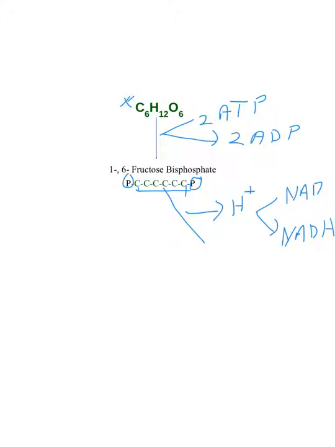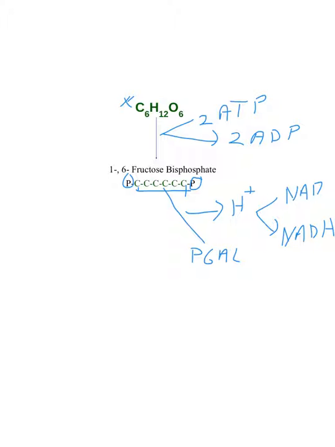And what we're going to be left with is just our P-gal, which will have 3 of our original carbons, 5 of our original hydrogens, and 3 of our original oxygens.